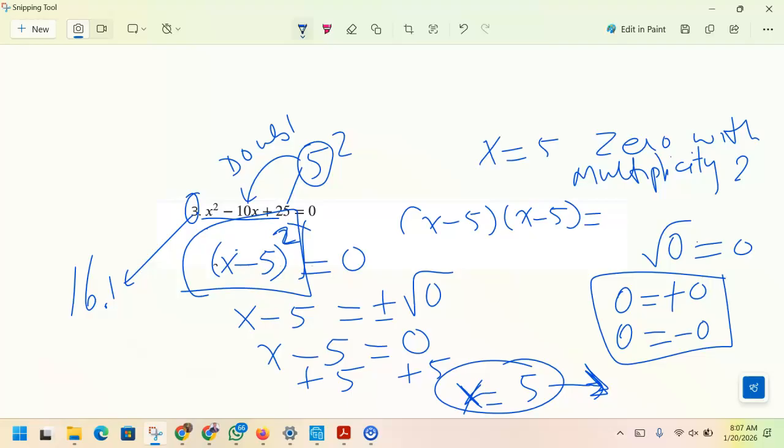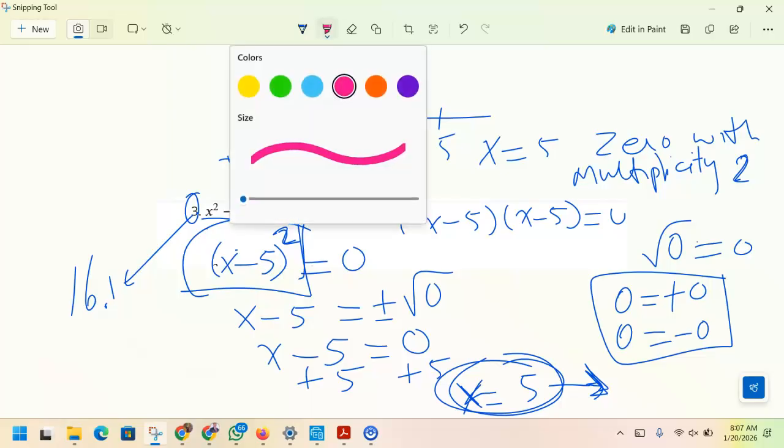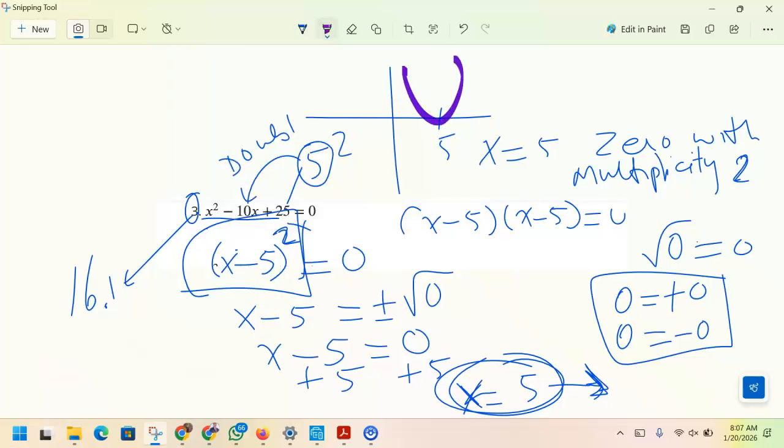That's why x equals 5 is a zero with multiplicity 2, and the graph is at 5, something like this. So this is what it means. It touches. So this is like the graph bounces at 5.